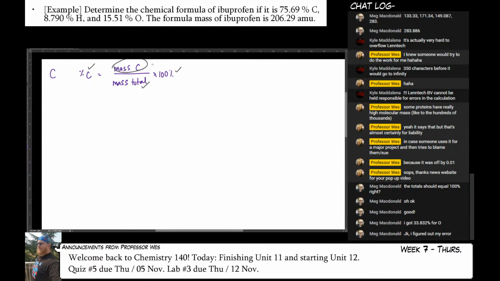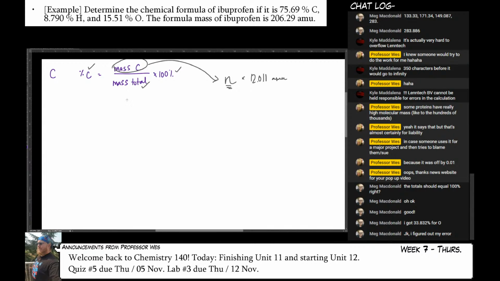All we know is that the mass of carbon is going to be some number of carbons times the mass of carbon itself. Well, if I know the percent and I know the total mass, I could then solve for the mass of carbon, and then I could eventually solve for N, which would give me the formula, or at least the number for carbon.